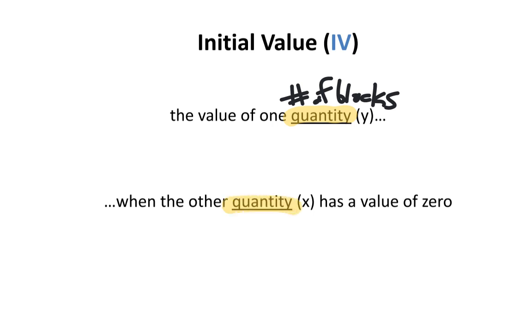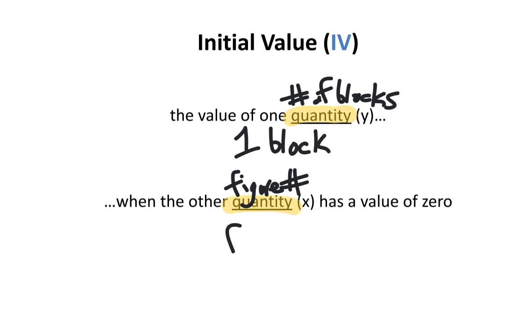And in this particular situation, this other quantity would have been the figure number. Taking this back to what we predicted earlier, there's going to be 1 block in Figure 0. Therefore, 1 block would be the initial value, and we'll be talking about the variable of y and x in just a minute.